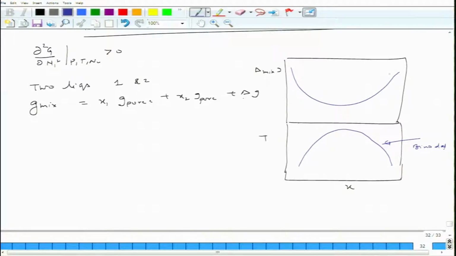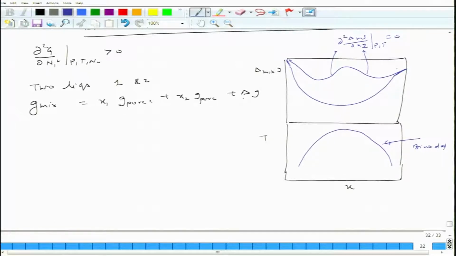Now, if you increase the temperature, you may see something like this. If you look at this part here, the second derivative at this pressure and temperature will be 0, and here also it will be 0.